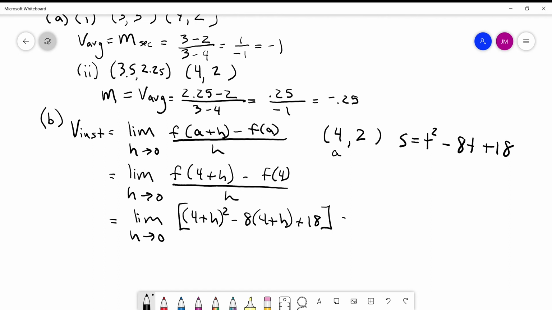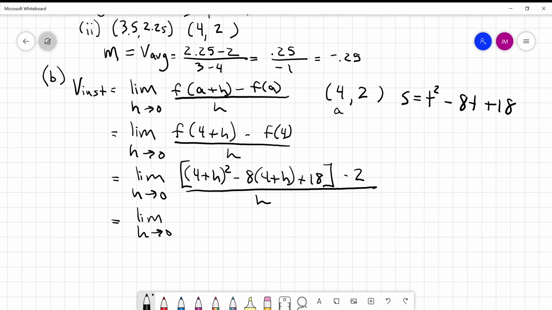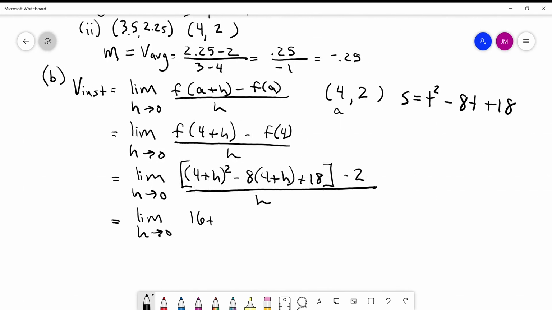For the back half, I would be substituting in 4 into that function, but I already know that that output is 2. And this is all over an h. And now we're going to simplify this expression. So 4 plus h squared is 16 plus 8h plus h squared, minus 32 minus 8h plus 18 minus 2, and that is all over an h.